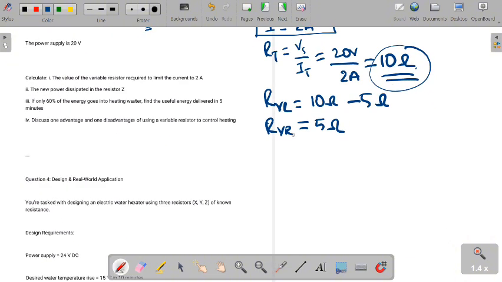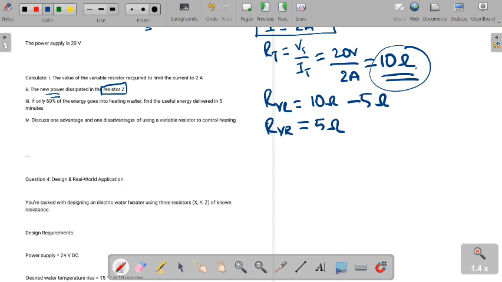And then from there, they want us to find the new power dissipated in resistor Z. Now, first things first, this resistor Z will be very difficult for us to find the power dissipated through it. The reason is because we don't know the value of its resistance. They've not given us this. They've just given us a total resistance of the fixed resistors. So we're going to just do the total power of the circuit, just to make sure that this makes sense.